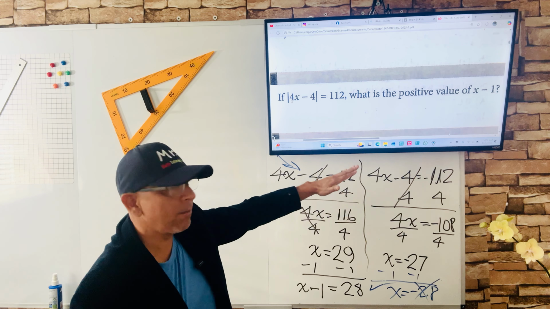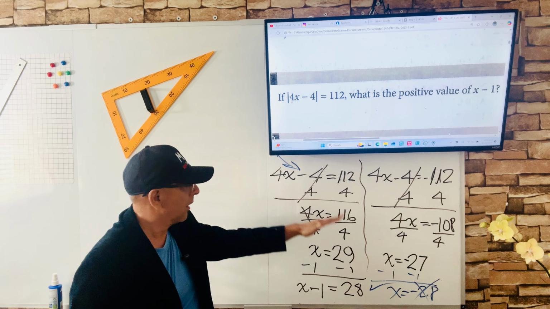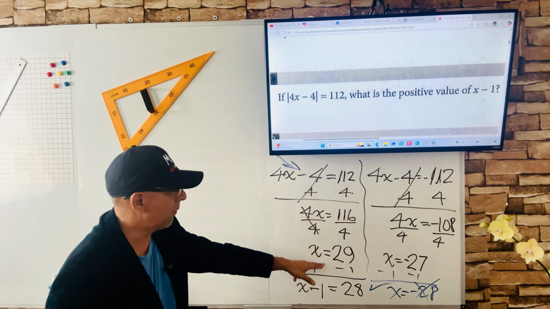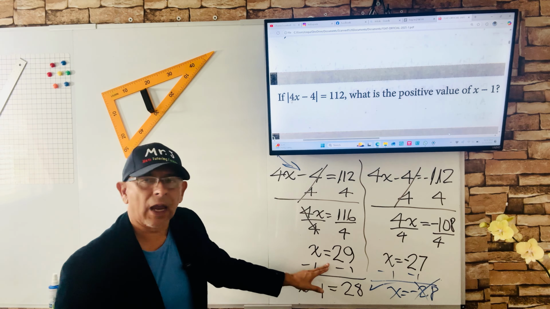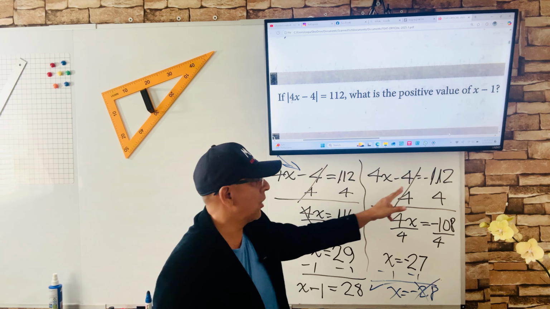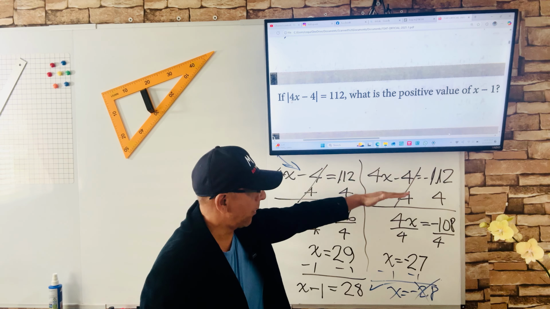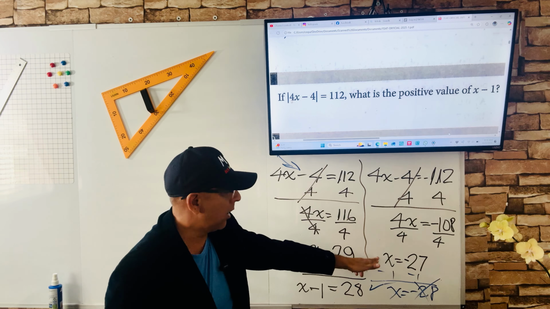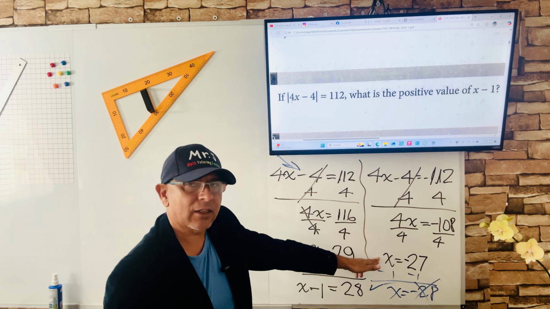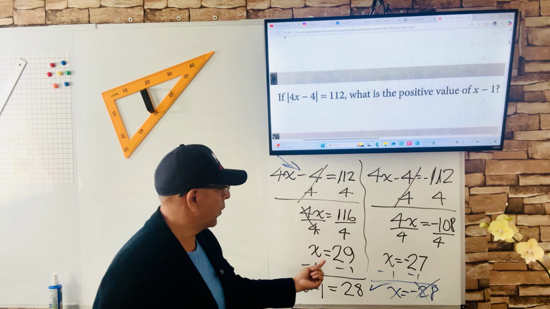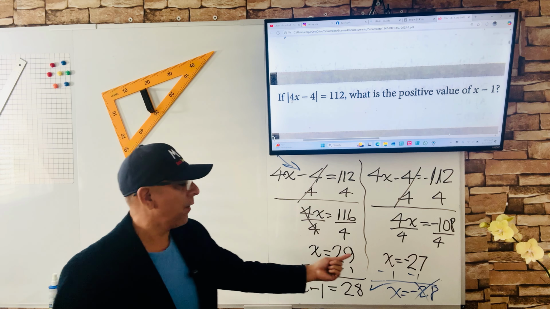So solving my equations, the first solution for my positive number here is going to be x equals 29. And when I solve the other equation with negative 112 to the right and applying my rules, my solution is x equals negative 27.